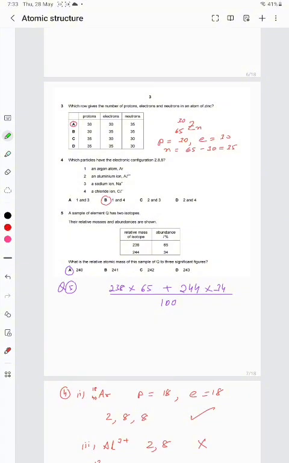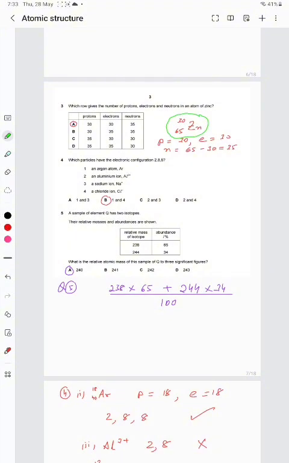Question number 3. Which row gives the number of protons, electrons and neutrons of an atom of zinc? If you follow your periodic table, you will notice that there are two numbers given in the block of zinc.